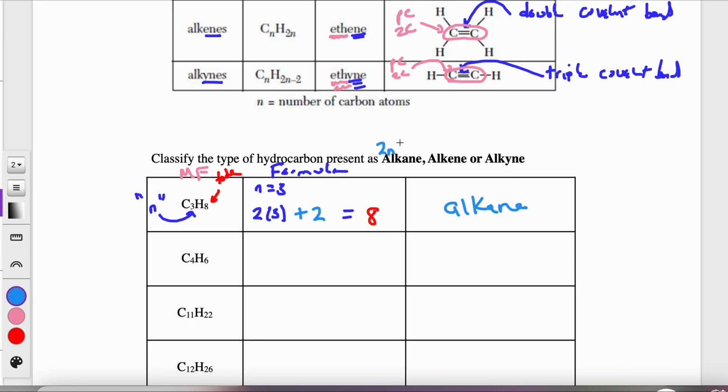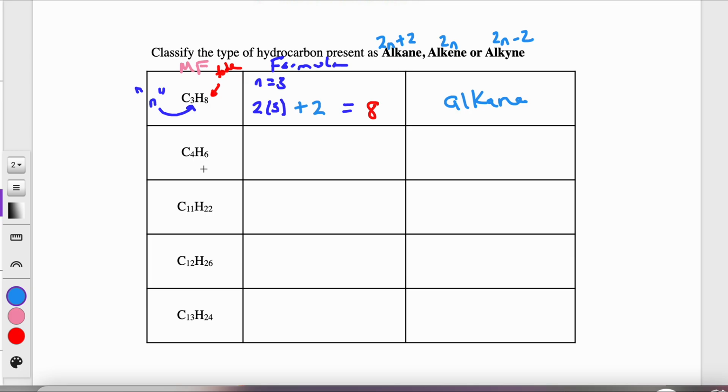So this would be 2N plus 2, 2N, and this one is 2N minus 2, just copying down the formulas from up above. Okay, so the next example, N equals 4, because that is carbon's subscript.